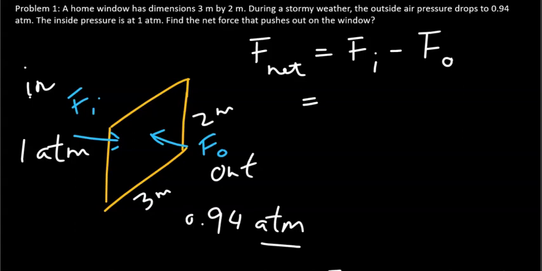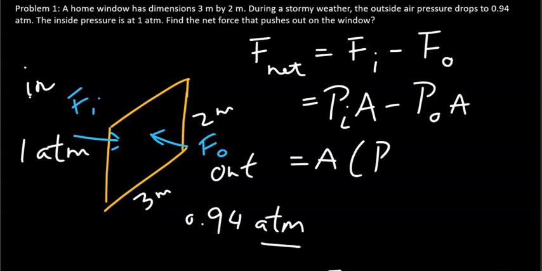Fi is the pressure inside times the surface area, which we can calculate. Fo is the pressure outside, let's call it Po, which we know, 0.94 ATM times the surface area. Now, if we factor out the area, we simply get Pi minus Po.